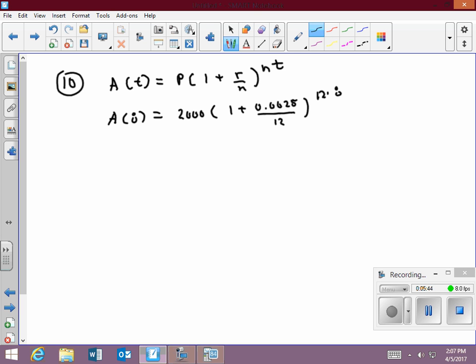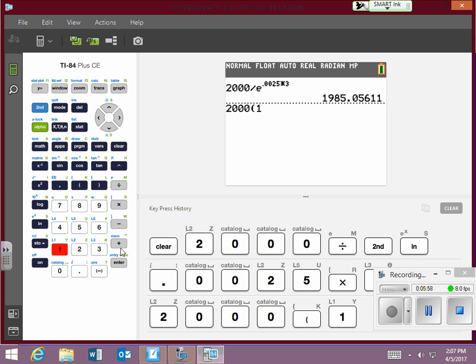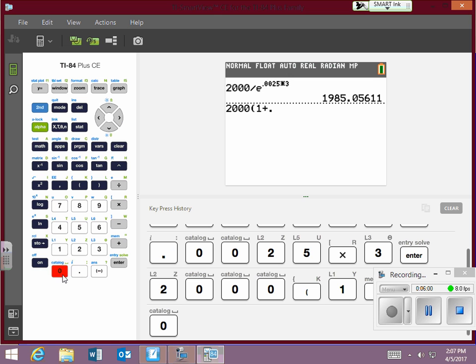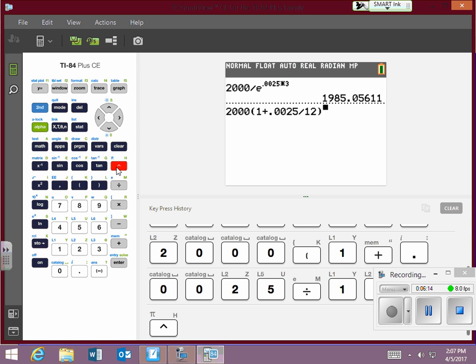So what I do is I just put it in the calculator that way. 2,000 times 1 plus 0.25 divided by 12. Now, as I'm entering it, I want to make sure that I'm actually telling the calculator to do what I want it to do. And that's still right. And then it's 12 times 8, right?